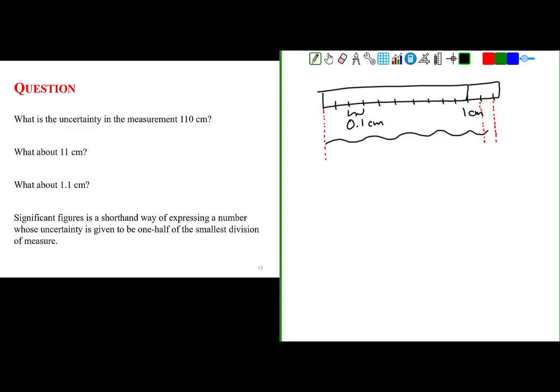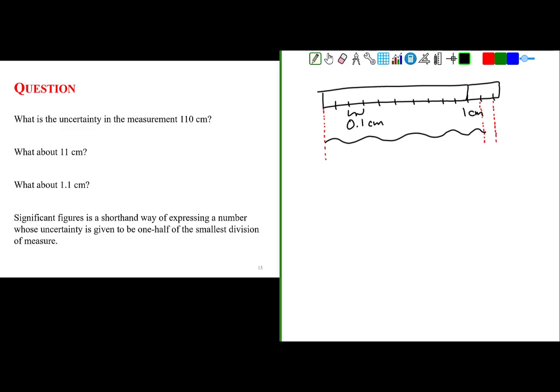For the purposes of this discussion, I am just going to shorten this line a little bit. So based off of this line, we know that our line is somewhere between 1.1 centimeters and 1.2 centimeters, we think.